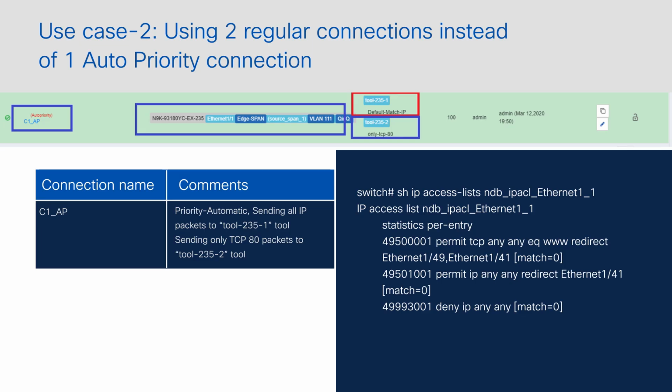The source is Ethernet 1/1, and there are no two connections. Automatically the controller chooses a priority for you. Tool 1 needs just the whole match IP, and tool 2 needs only TCP/80. This is how we created it, and as you observe, the ACLs for Ethernet 1/1, the source port, are as follows. Thank you.